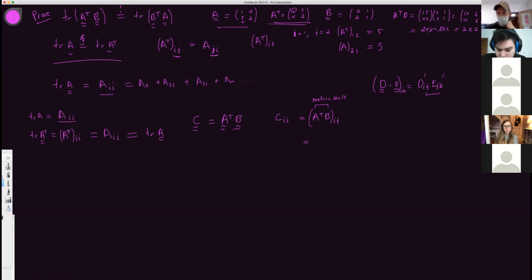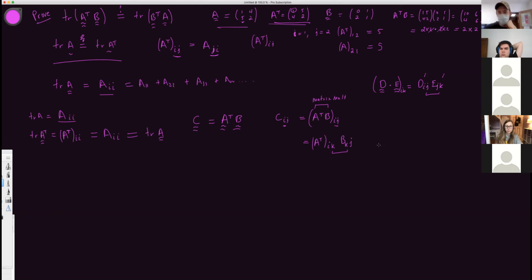It's A transpose; I need the free index to be I, so the first index needs to be I. I'm going to leave the second index blank because I'm going to write down B. For the matrix B, I need the free index to be J, so that goes over here. Then I just need a dummy index, and I'll choose K. So K is summed over here, and this is matrix multiplication now. The two free indices I and J match the ones over here, and that's good. Following me so far?